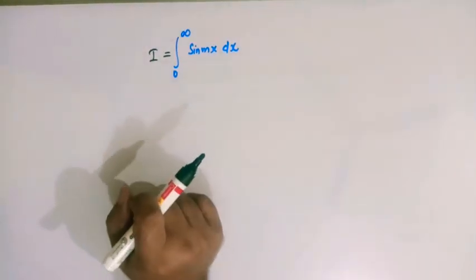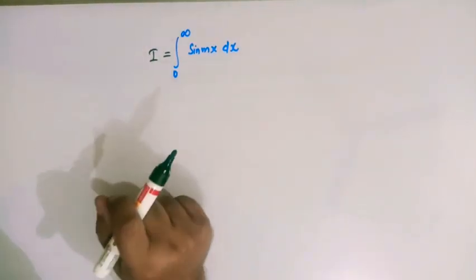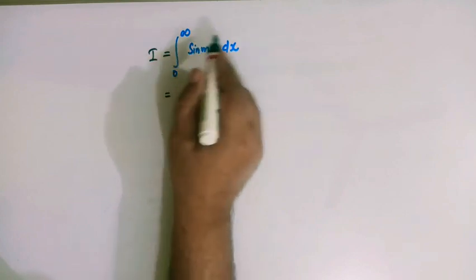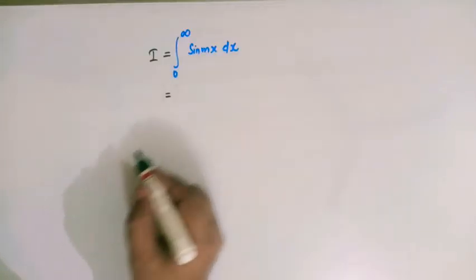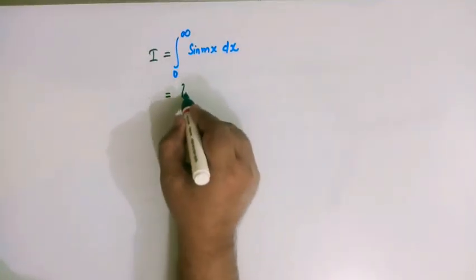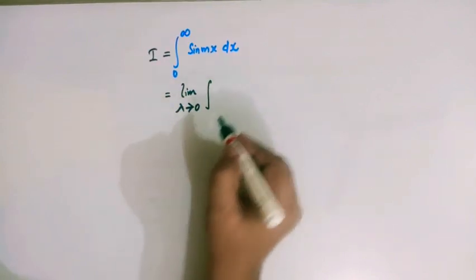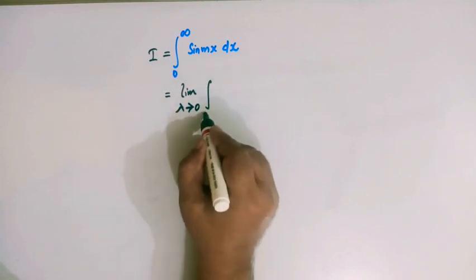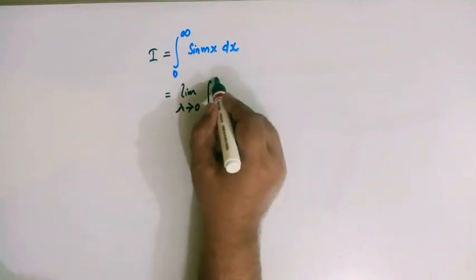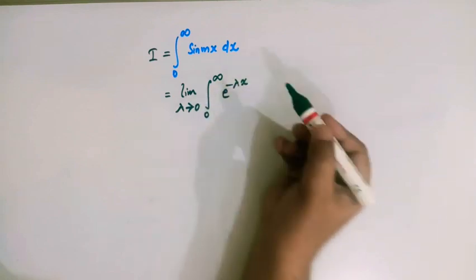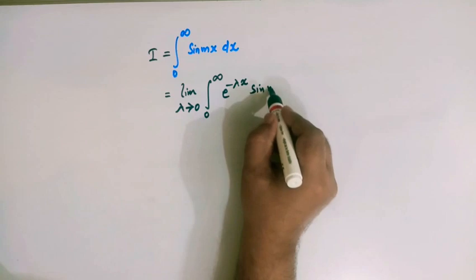In order to evaluate this integral, we'll apply the method of limits, and this integral can be expressed as the limit as lambda tends to 0 of the integral from 0 to infinity of e raised to minus lambda x times sine mx dx, right?